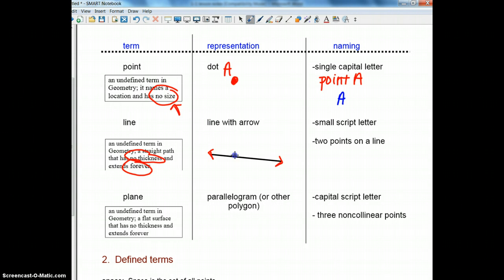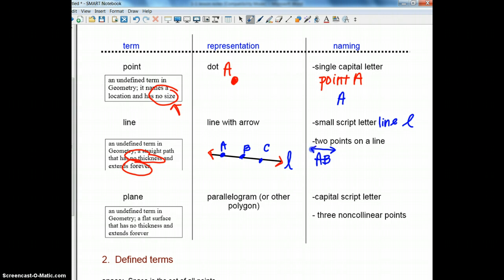In order to name a line, we can do it one of two ways. We can either use a small script letter, we'll see L pretty often, or you can use 2 points on the line. So let's put points A, B, and C on our line. There are a couple of ways I can name this. I could just name it line L using the script letter, or I could pick any of these 2 points on the line, say AB, but then I have to use the line symbol above it.